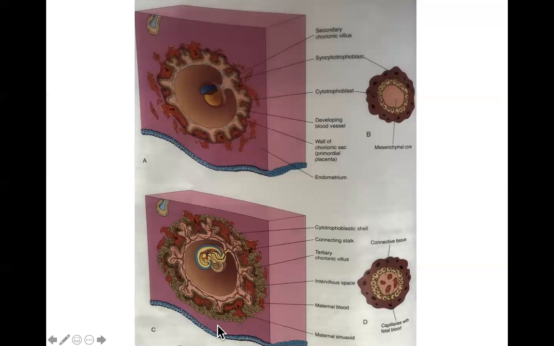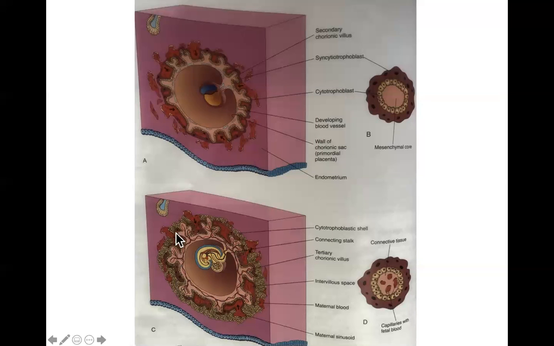While this is happening, the cytotrophoblast cells start to proliferate and surround the chorion, forming a shell around it called the cytotrophoblastic shell, right? Basically this is going to serve to anchor the chorion into the endometrium of the mother, and eventually that's going to become the placenta.